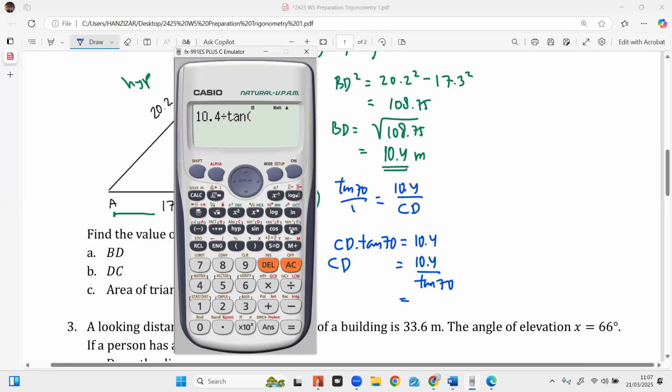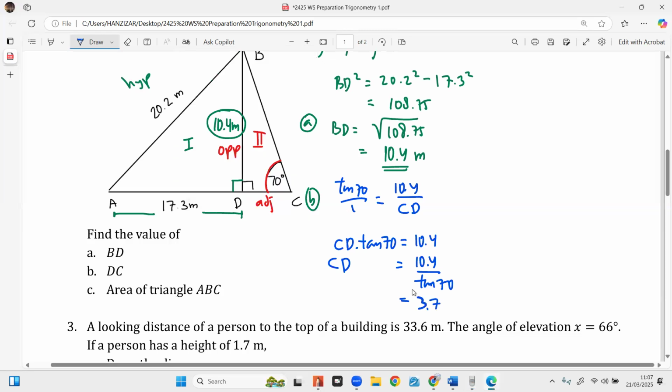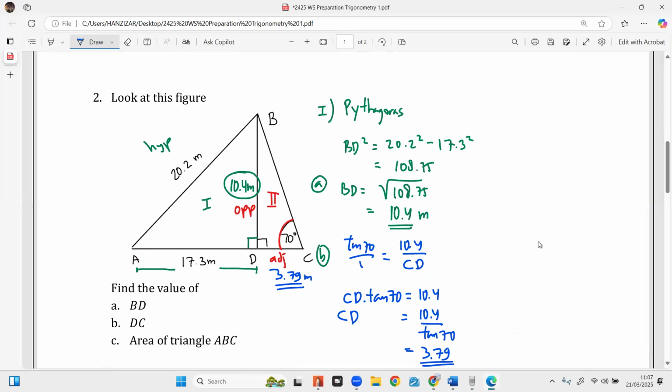Yeah, CD is 3.79. So some might get a different answer, but not so different. 3.79 meters.